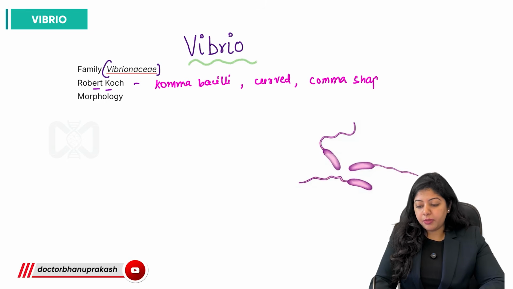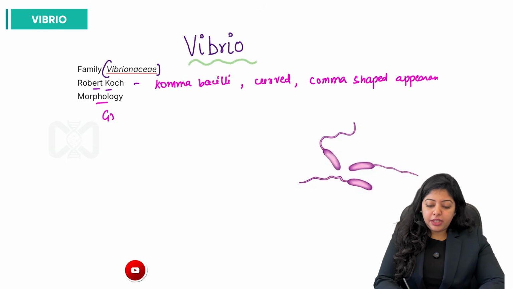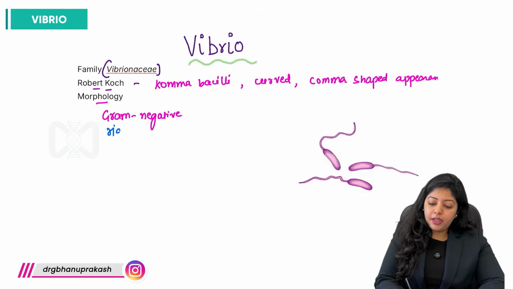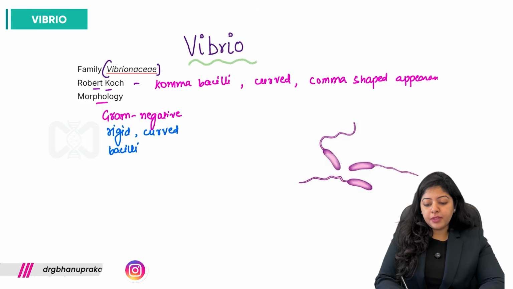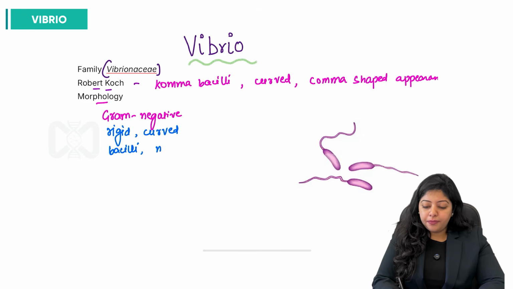Comma-shaped appearance, right? So we describe its morphology as gram-negative, rigid, curved bacilli, which are motile with the help of a single polar flagella.